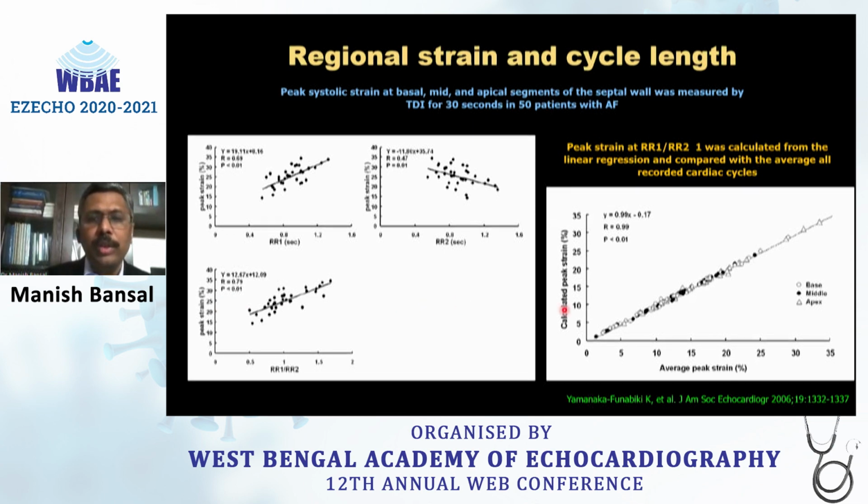And when they looked at strain values obtained from the cardiac cycles with RR1 by RR2 of 1, which means stable rhythm, those values matched very closely with the values derived by taking average of all the cardiac cycles over 30 seconds. So instead of taking all that average, we just take this one single beat and we get an accurate measurement. Other studies have also shown these findings using different systolic function parameters.